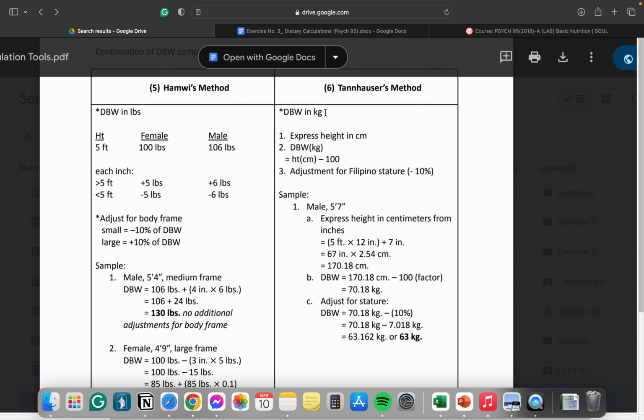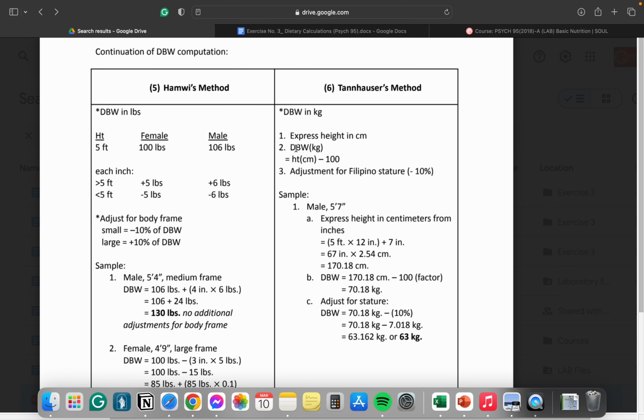All right, so how do we use this method? First step is you need to express your height in centimeter. And then second step would be to deduct 100 from your height in centimeter, and then we need to do an adjustment for Filipino stature by deducting 10%. All right, because culturally we have different genes from different races.